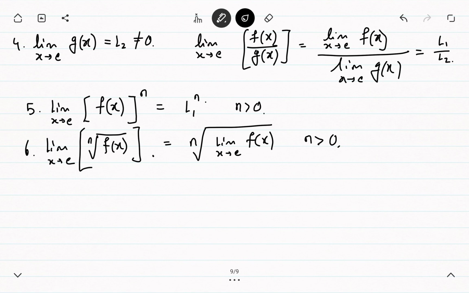And then we will move on to the idea of continuity, and before that I will try to make you understand the intuitive meaning of continuity, what a continuous function basically means to us.